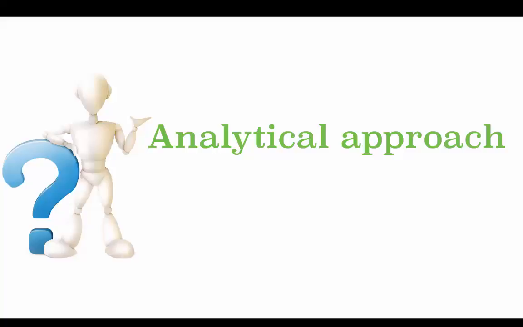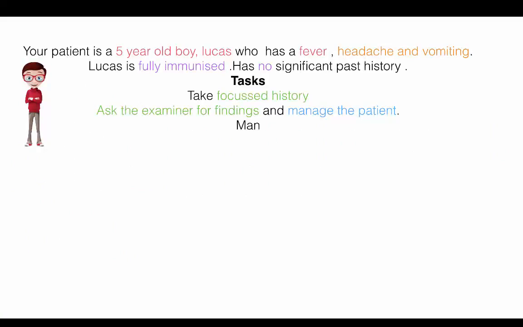I will usually ask myself, why have they given that Lucas is fully immunized? What is the reason? So I try to analyze things. And again, I will ask myself, why did they give that he has no significant past history? How is this relevant?